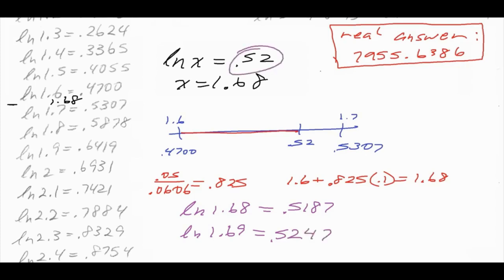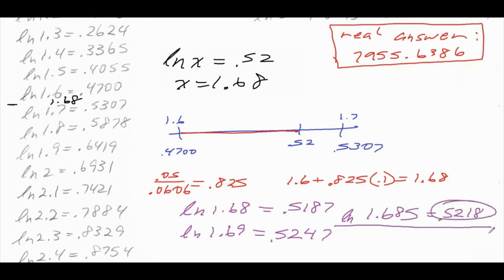Well, it's a little bigger than this. So what if I do maybe 1.685? So log of 1.685 is this. So we're still above this.